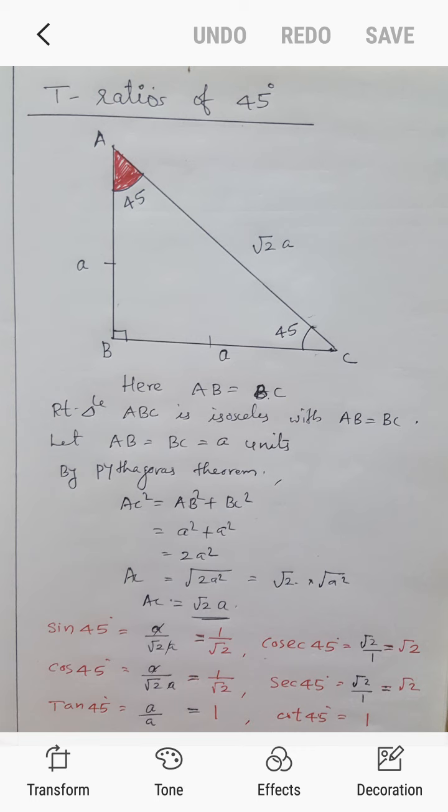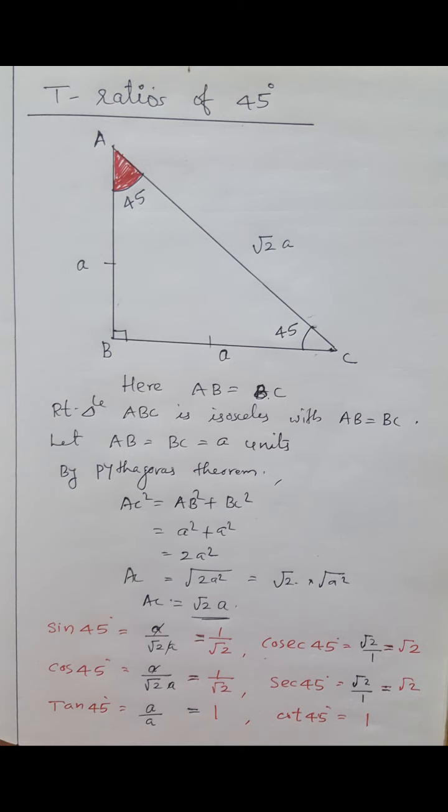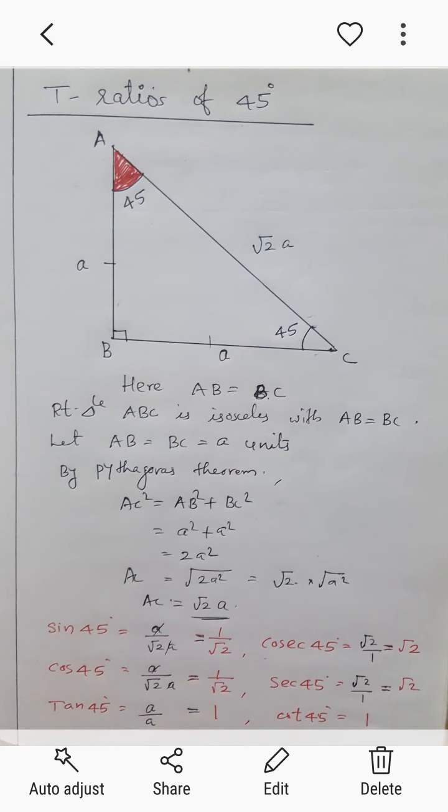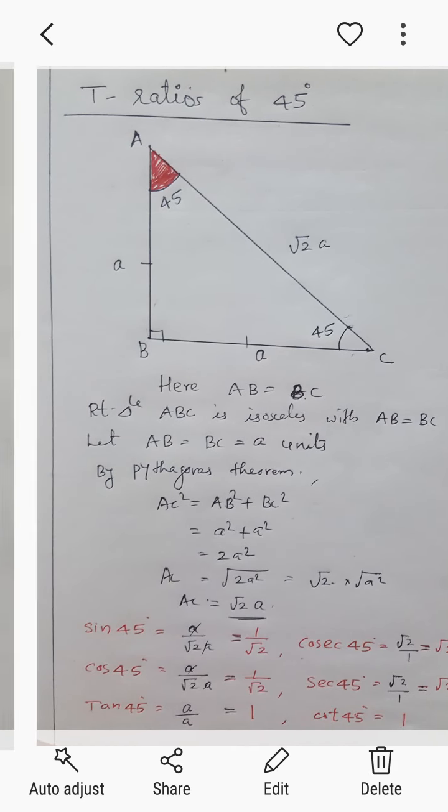So we can conclude sine 45 is equal to cos 45, which is equal to 1 by root 2. And similarly cosec 45 equal to sec 45, which is equal to root 2. And tan 45 and cot 45 are equal and the value is 1. So this way these are the 6 trigonometric ratios of 45 degree.